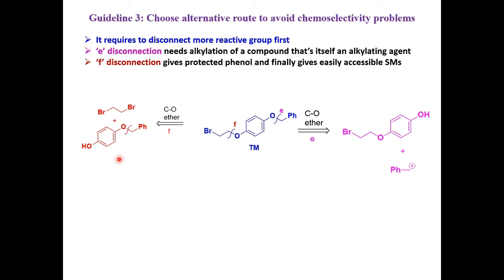Further, when you cleave this CO bond, you will get the readily accessible hydroquinone and this benzyl bromide. This is all about the retrosynthetic analysis. So let's move to the forward synthesis.